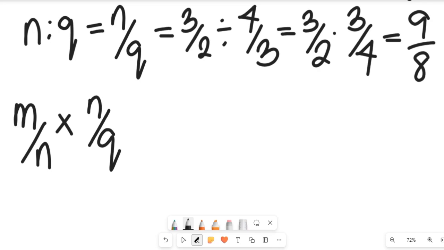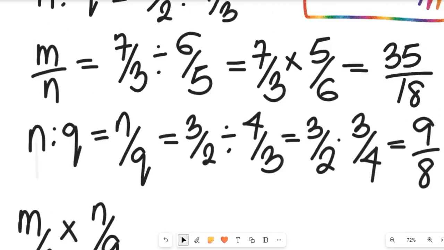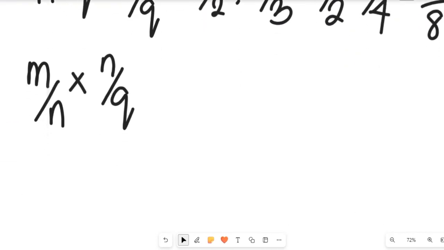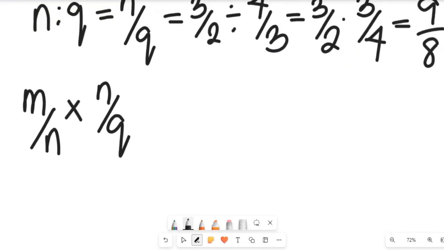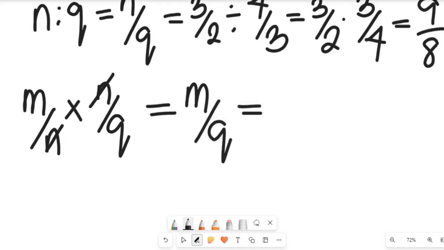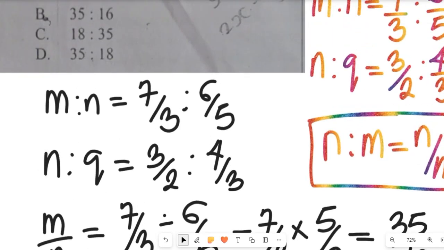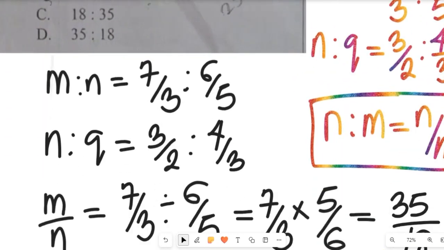If you multiply that, n will clear, and what you have is m divided by q, which is simply m ratio q. And what are we asked to look for?